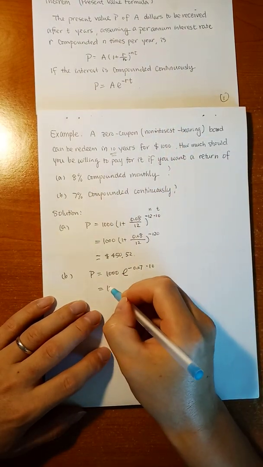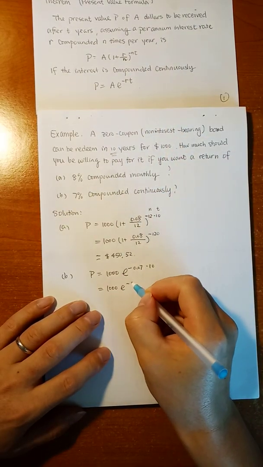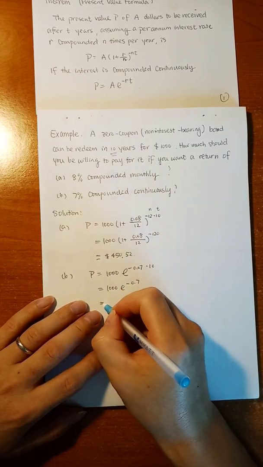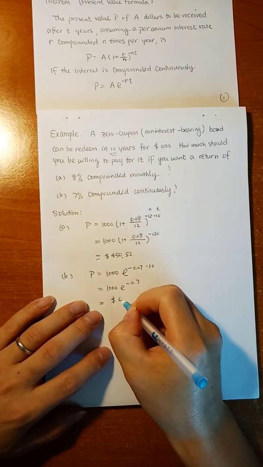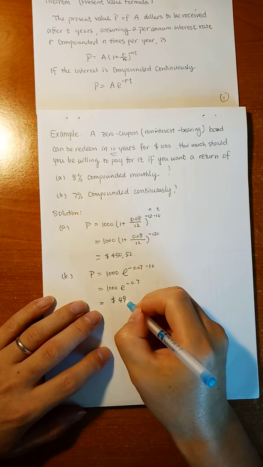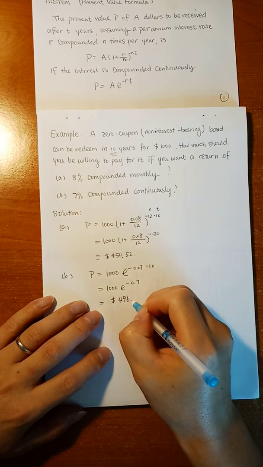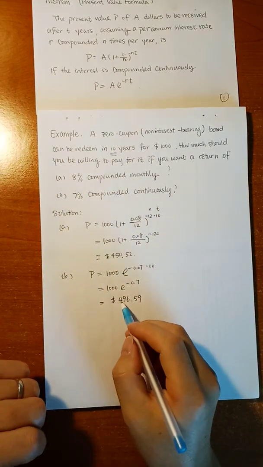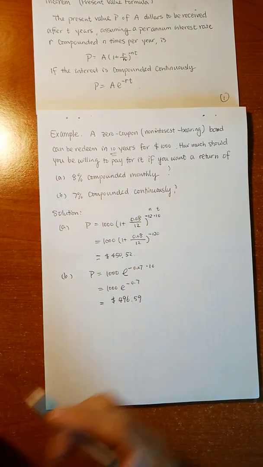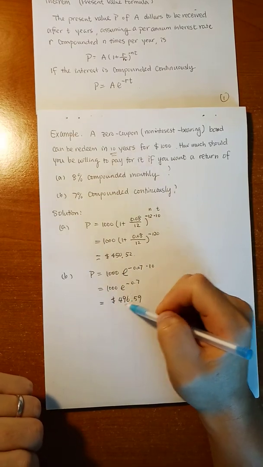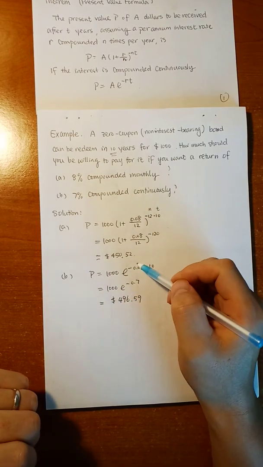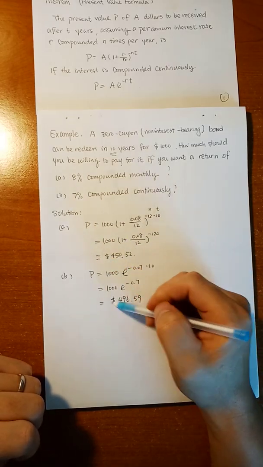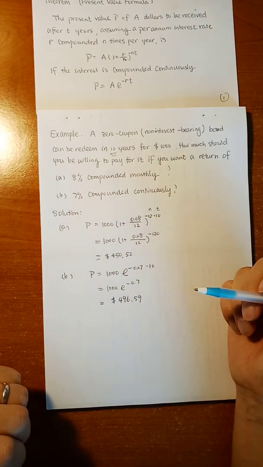So it's 1,000 times e to negative 0.7. Again, you need a calculator. It's about 496.59, more or less about 497. So you see here, this one you need to pay more, this one you need to pay less. In other words, this one you earn more, this one you earn less, right?